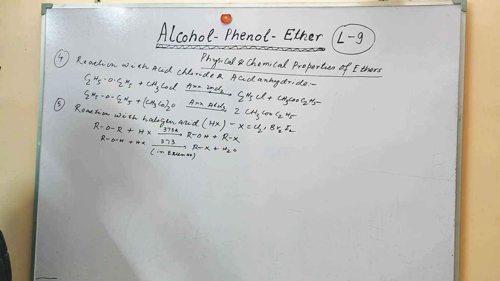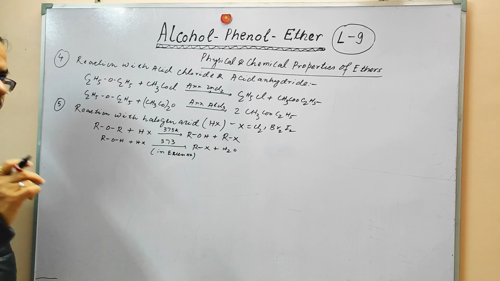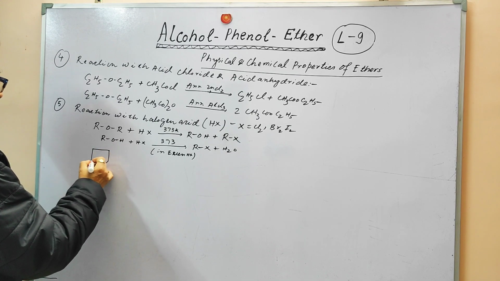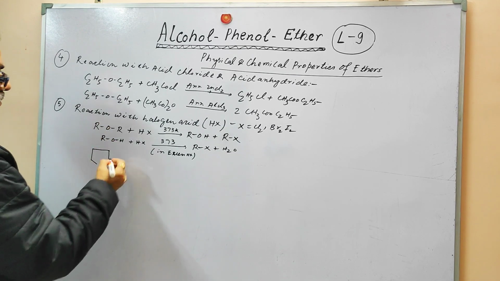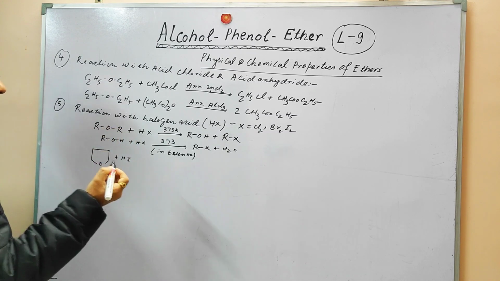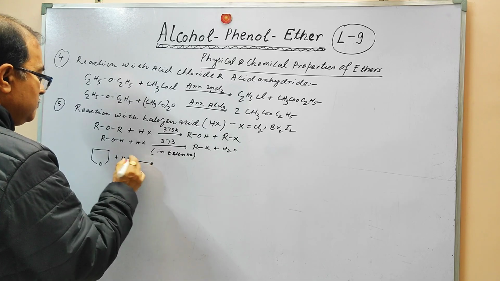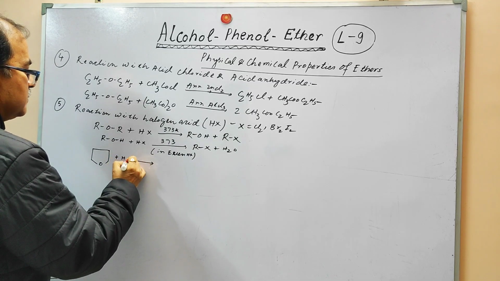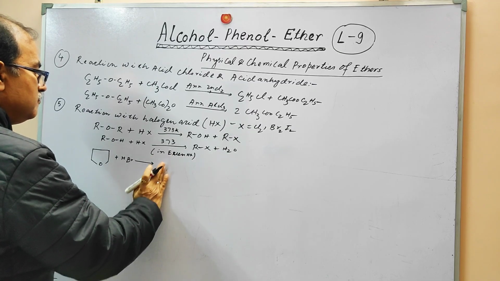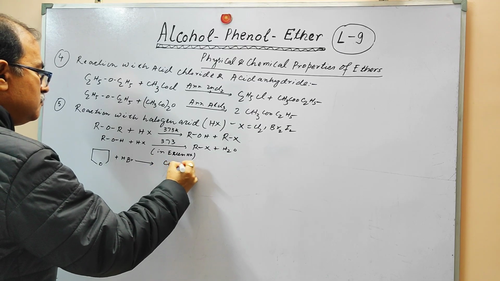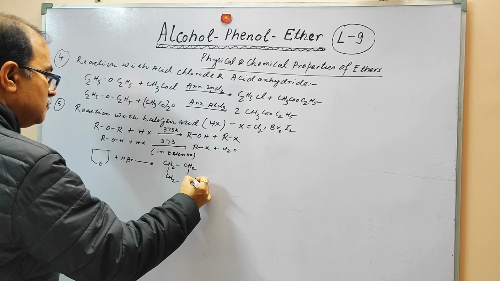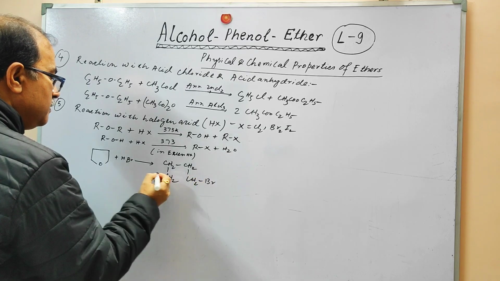For the cyclic ethers like tetrahydrofuran, the reaction will be like this. Suppose we have taken HBr, it is going to produce CH2 and there will be a bromine.